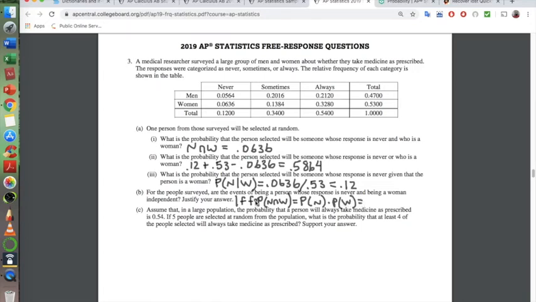And so remember that the intersection of never and women is 0.0636. The probability of never is, including men, 0.12, and the probability of woman is including sometimes and always. And so then if this cell times this cell equals this cell, then they are independent.